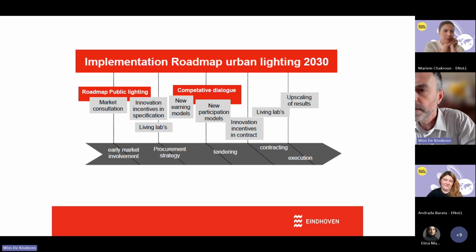What we did learn in this project, and that is actually something which still has an effect today, is that because we were going to have these smart lighting poles, which were going to generate a lot of data, we discovered that we hadn't thought properly about what was going to be done with this data, because the company thought: it's our lighting poles, so it's our data, and then we can sell the data.